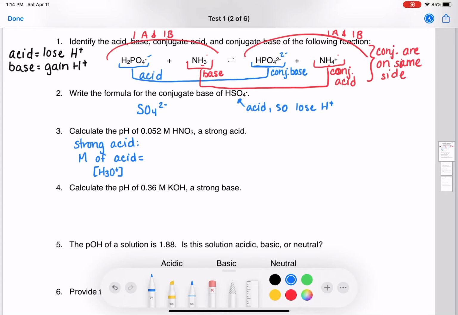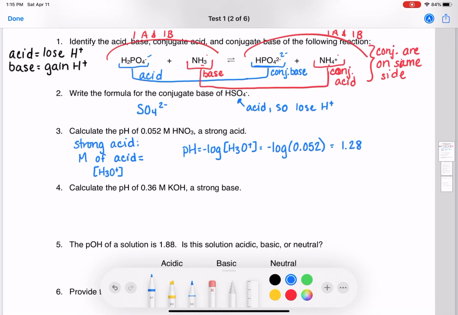It has to do with the acid doing a total dissociation or complete reaction. pH is the negative log of the H3O+. Since we're dealing with a strong acid, we know exactly what the H3O+ concentration is, 0.052. And that pH is 1.28.